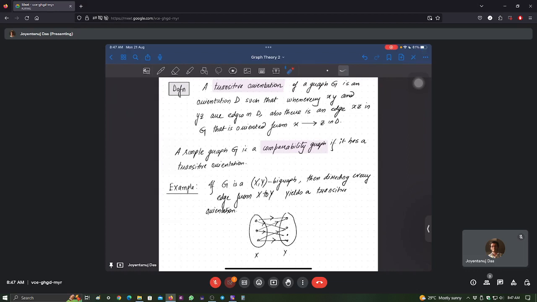Y to z, we don't have y to z, so we don't have to satisfy the x to z condition either.